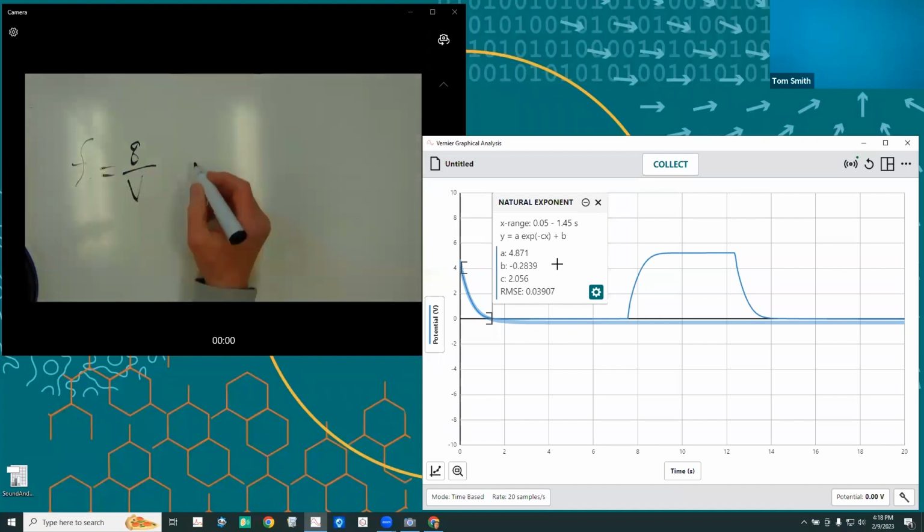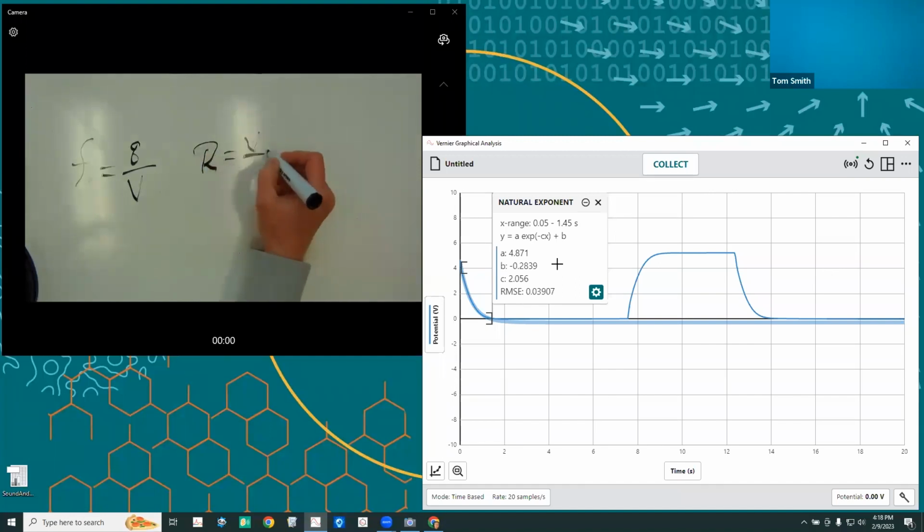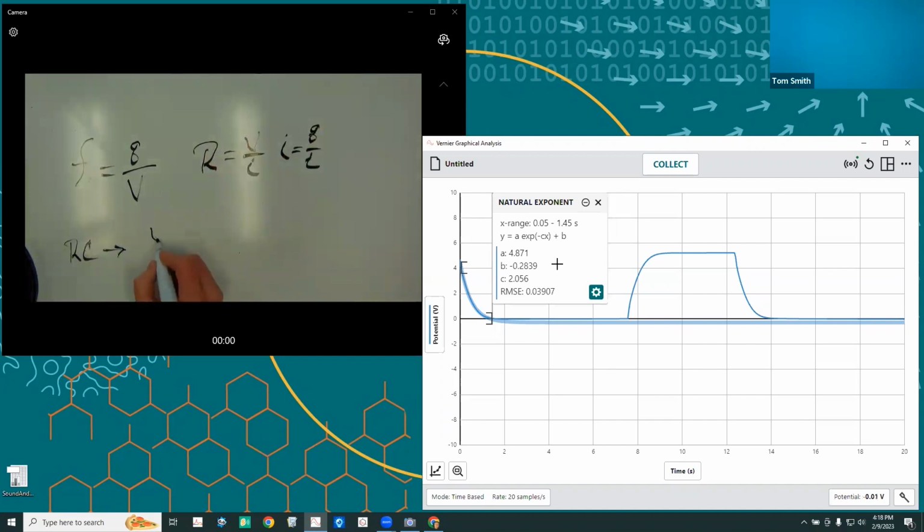And our resistance is in ohms, but that's also equal to voltage divided by current. And current could be rewritten as charge per unit time. So if we look at this RC value, that's going to give us voltage divided by charge divided by time, times charge divided by voltage.